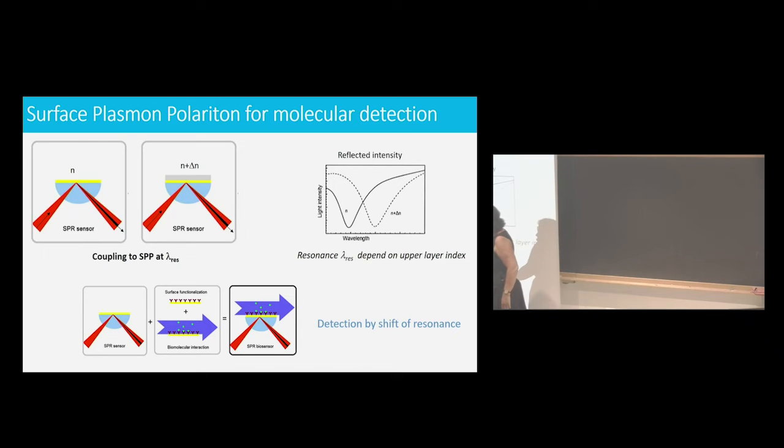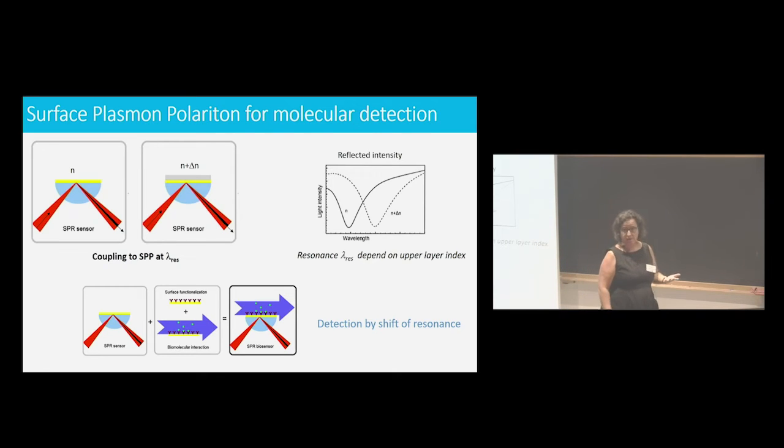If you want to excite the SPP, which I didn't represent here, but it is at the surface here, you excite the SPP, you collect the reflection, and what you obtain is this curve here. The peak here, the maximum of absorption, is linked to the fact that you put energy in the plasmons.